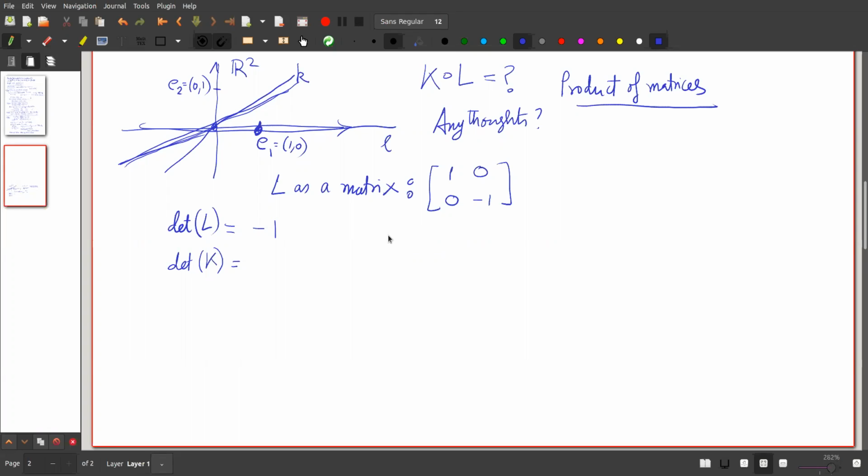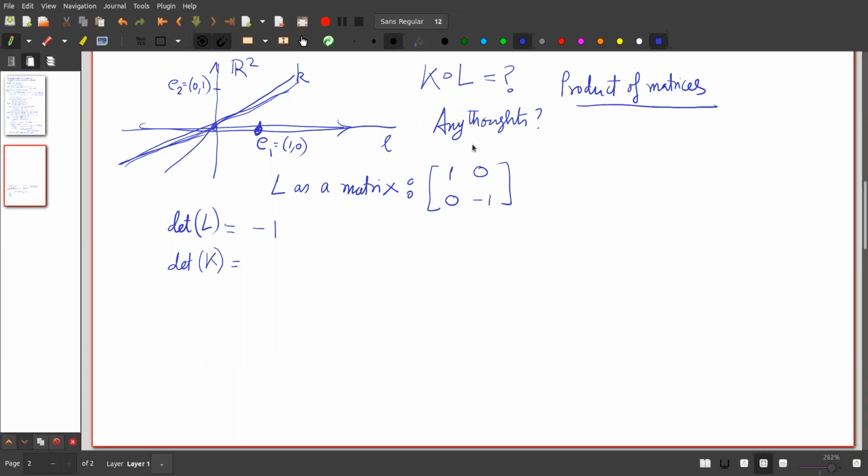What we want to do here is express K also in the standard basis. Otherwise, if I express L in some basis and express K in some other basis, then their product will not be the matrix product.